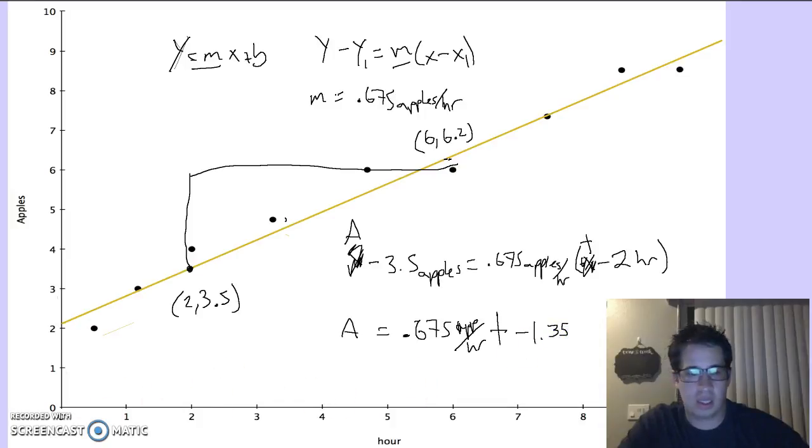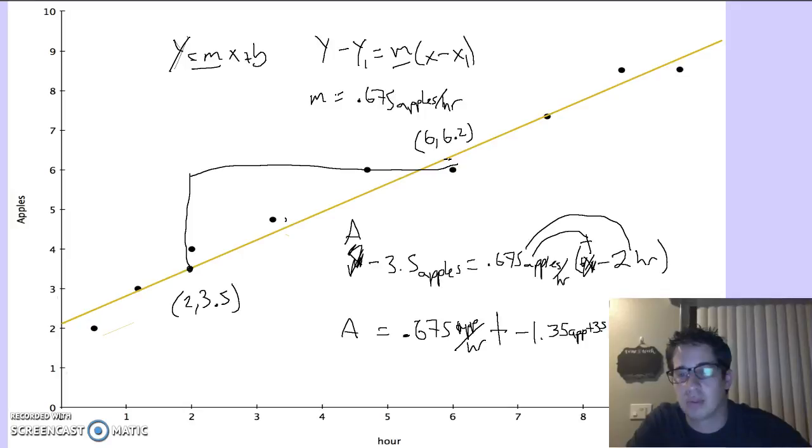Let me check that. Yeah, so we multiplied these two right here to get that. This times that is 1.35, and then you can see the hours multiply those hours to leave us just with apples. And then we have a plus 3.5 apples at the end.